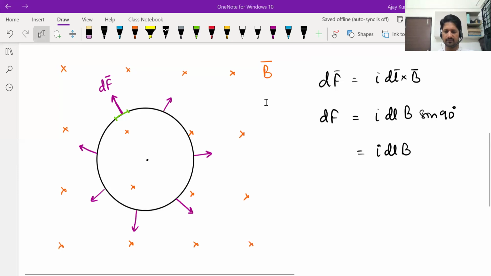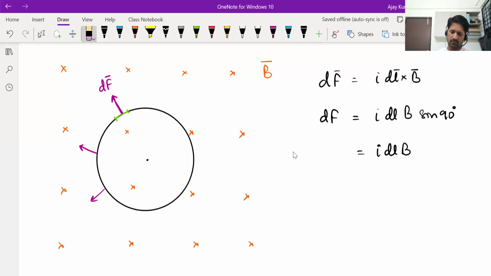Mansa, what do you think? Sir, can you repeat the question, sir? If these dF forces are all same in magnitude, will the same tension get generated in the wire everywhere or not? Maybe not, sir. Why? Or at which points do you think the tension will be more? At the center.